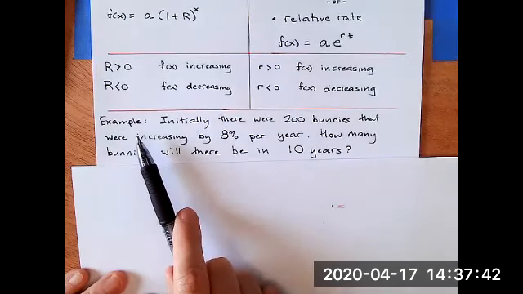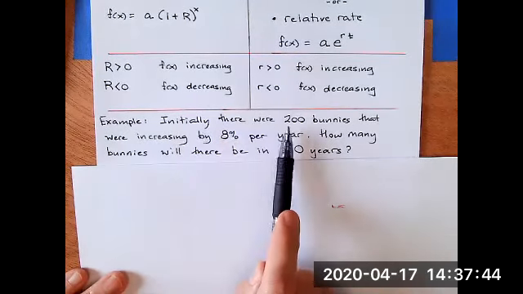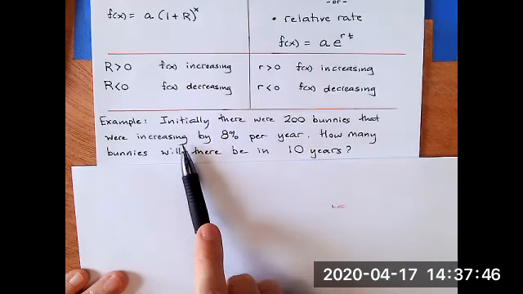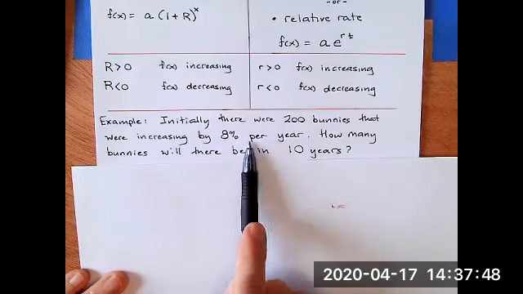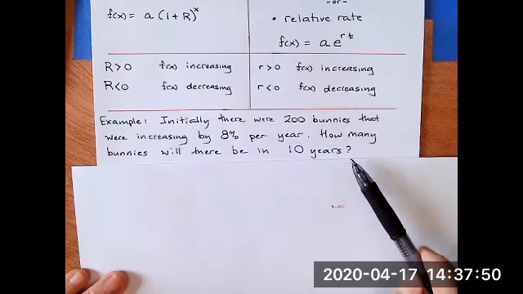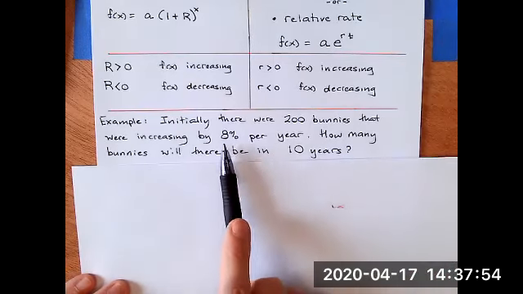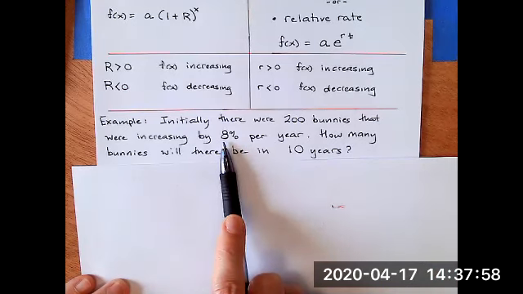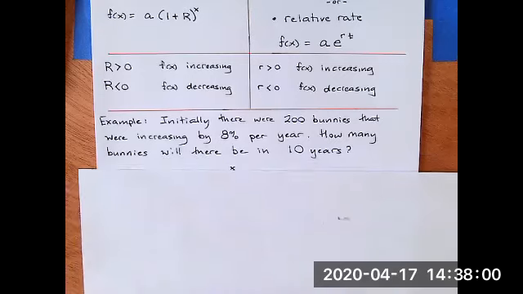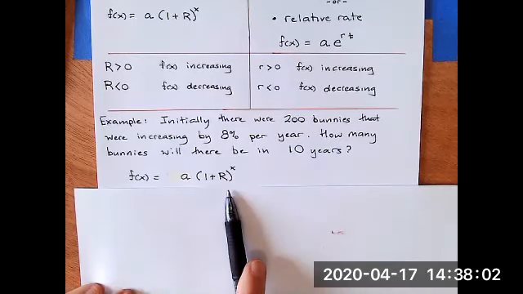So for example, initially there were 200 bunnies that were increasing by 8% per year. How many bunnies will there be in 10 years? So we're just given the percent, and we're not given the words continuous or relative. So we just use the regular form.